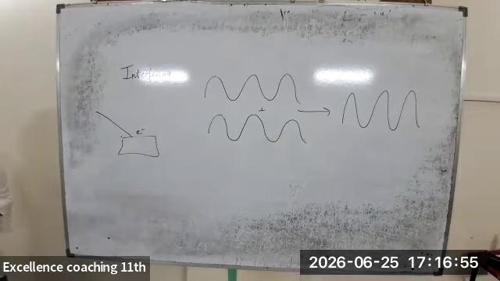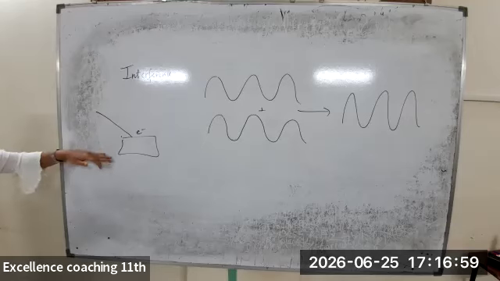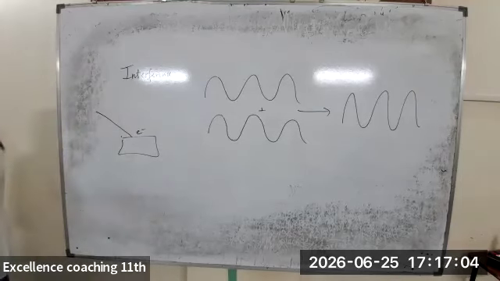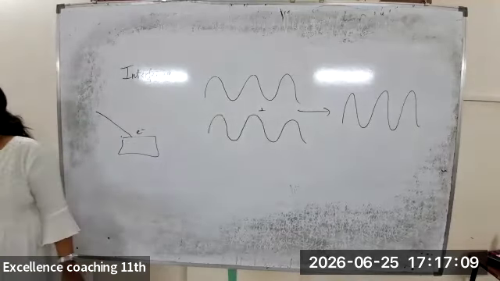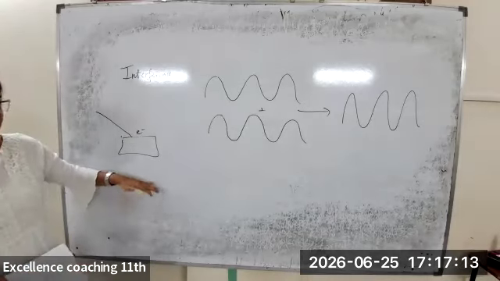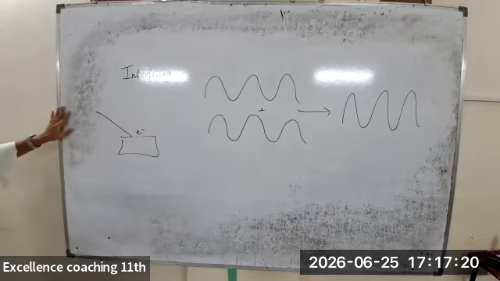The third one was the variation of heat capacity of solids. Heat capacity is the amount of heat you supply to an object in order to increase its temperature. Suppose I want to increase the temperature of this whiteboard; some amount of heat will be required.